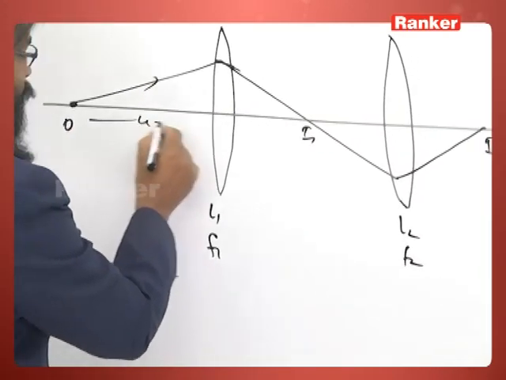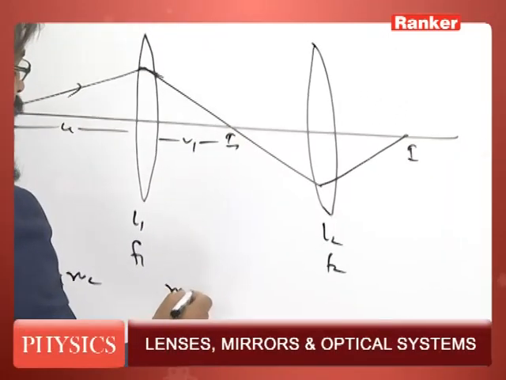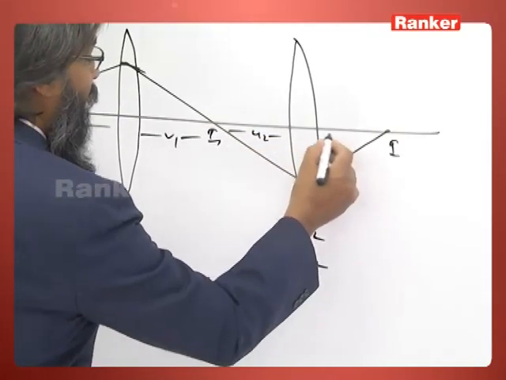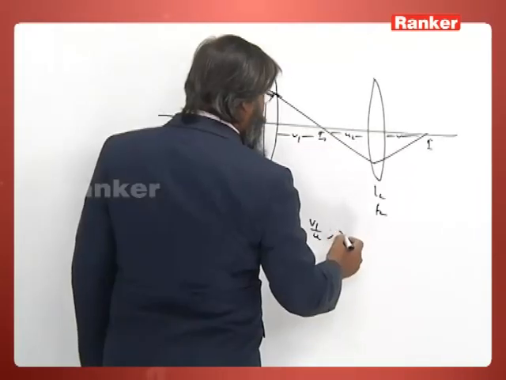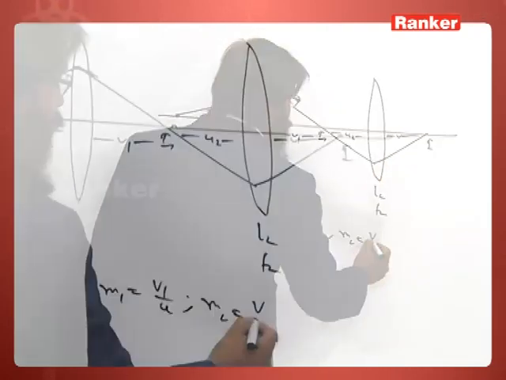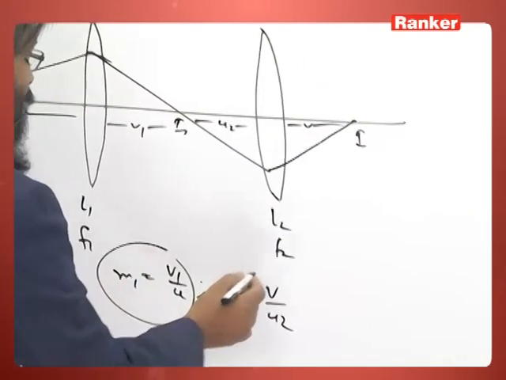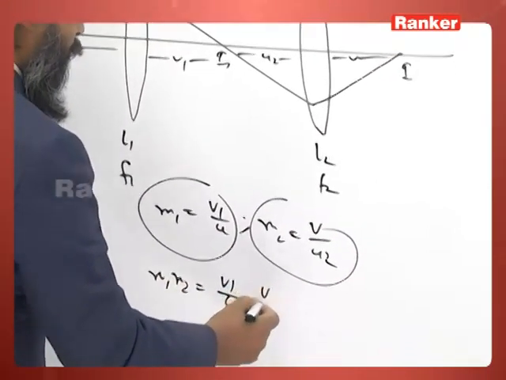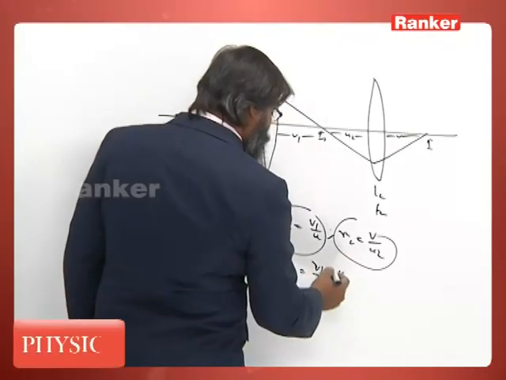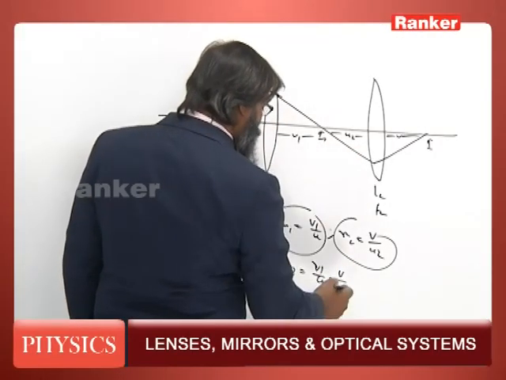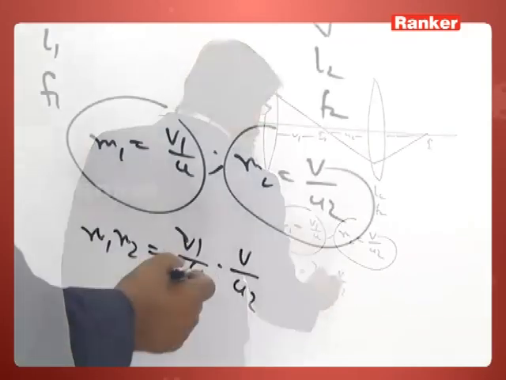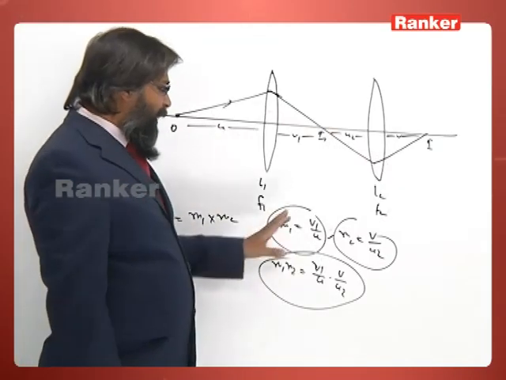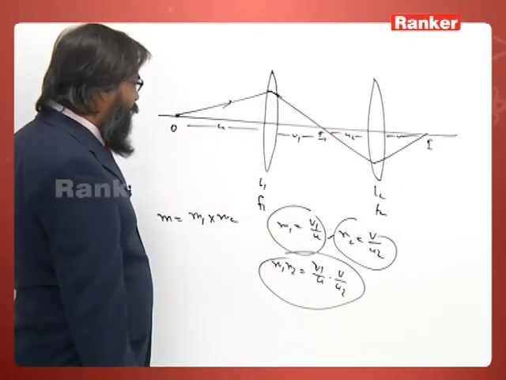Suppose this is U, this is V1, and M1 is given by V1 by U. Suppose this is U2 and this is the final V. So M2 is given as V by U2, and the product M1 M2 gives V1 by U into V by U2, and so we will get V by U. So the magnification will be given by this, but the problem will be here.